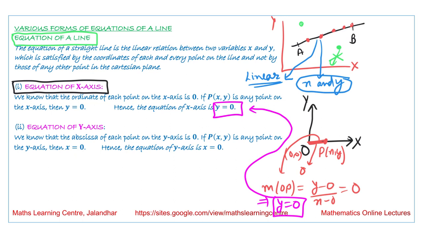Another way to look at this equation: if we consider any point on this line, it is of the form P(x, 0). The value of y is always 0 when the point lies on the x axis, and x can take any value.